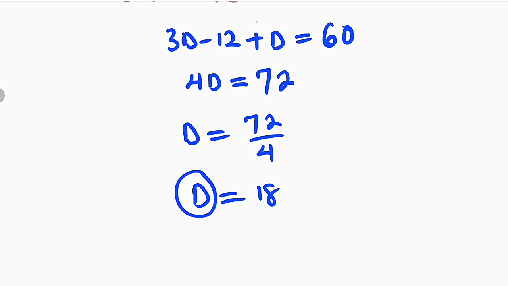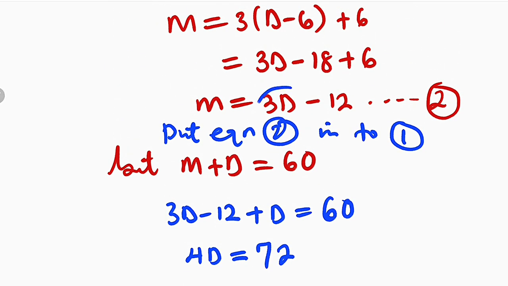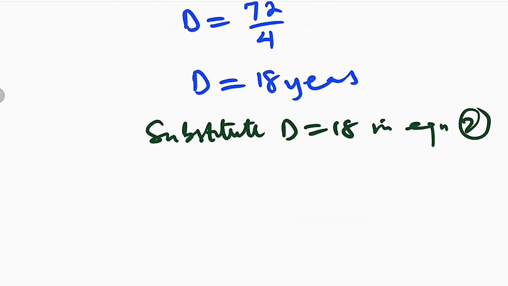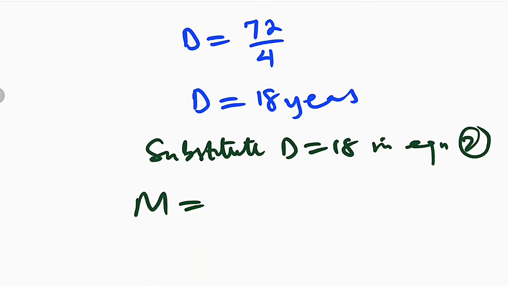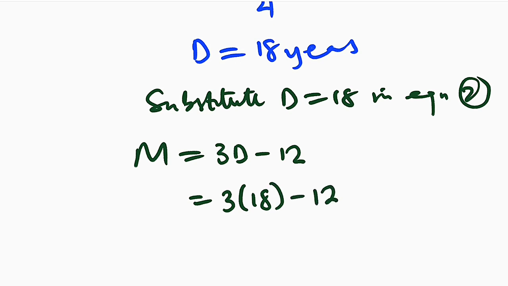But remember, D is what? Daughter's age. This is 18 years. So what about the man's age? The man's age is 3D minus 12. Equation number 2 is M equal to 3D minus 12, which is equal to 3 times 18 minus 12. 3 times 18 is 54.